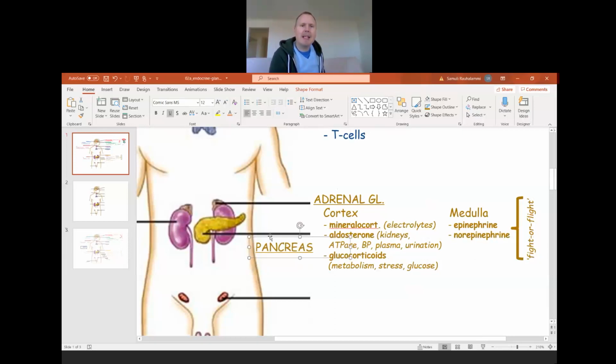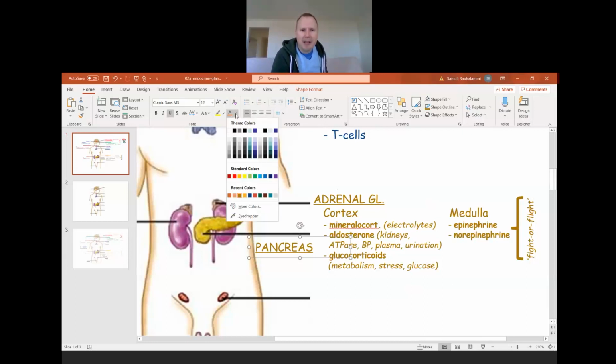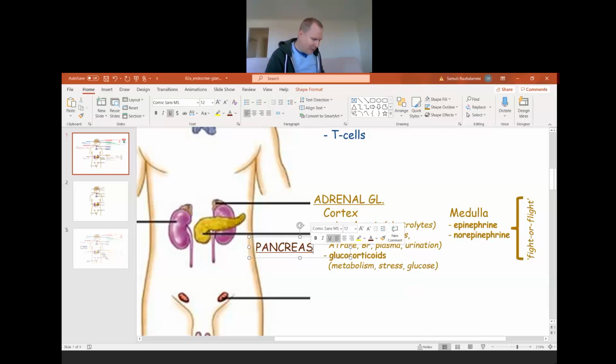And if you have done any discussion of the pancreas in your previous studies, one thing that you might have heard is that we often think of the pancreas as kind of an odd one or the really cool one, depending on who you ask, because the pancreas has both endocrine and exocrine function.